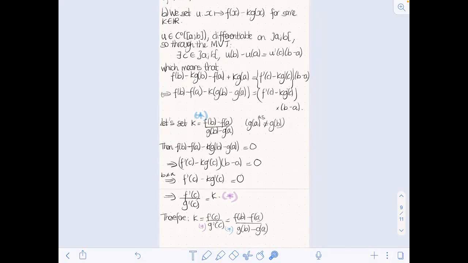Yes, go on. I don't understand how we know that f of b minus f of a, I mean the first part, is equal to 0? Okay, this bit here.